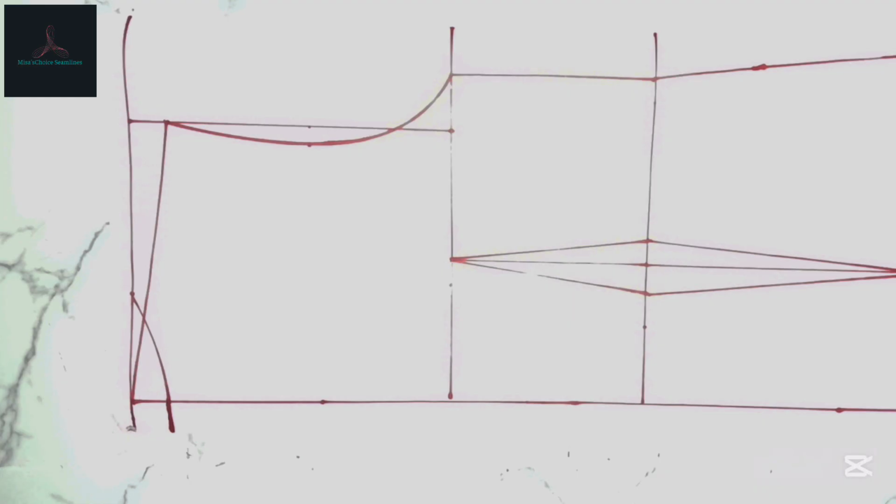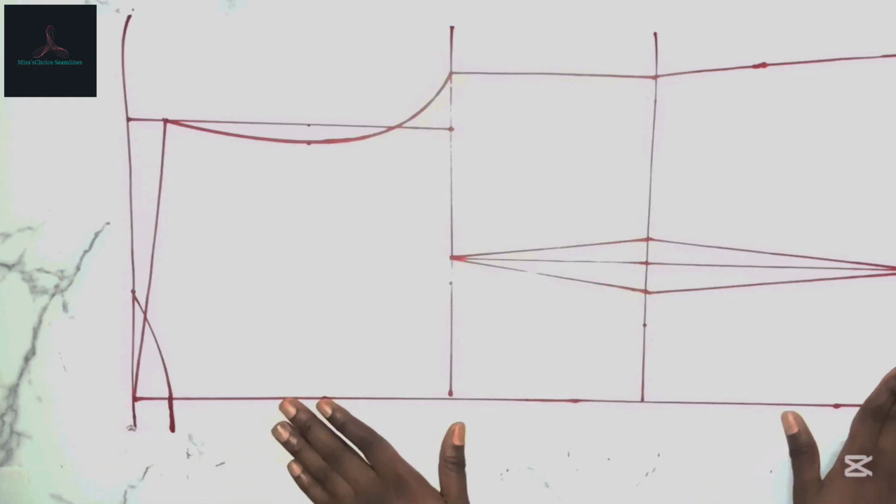We are done with the drafting of the back pattern of the Basic Bodice block.